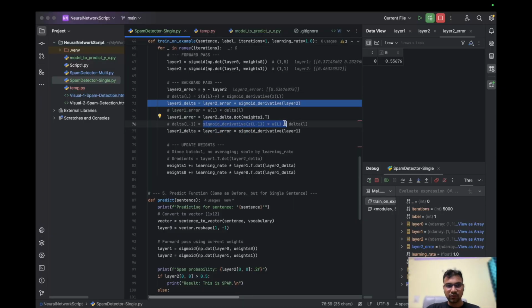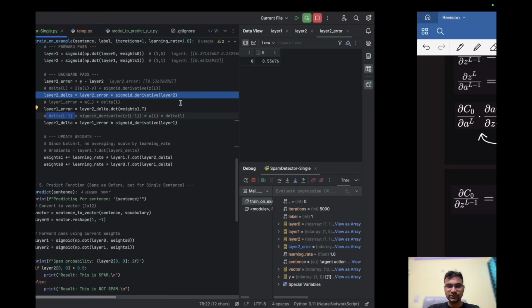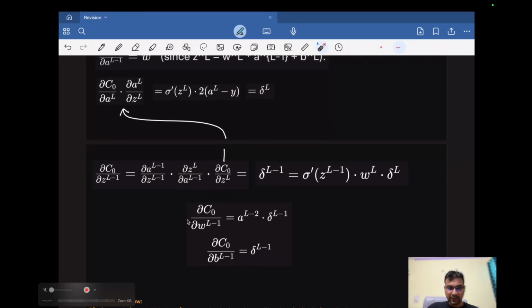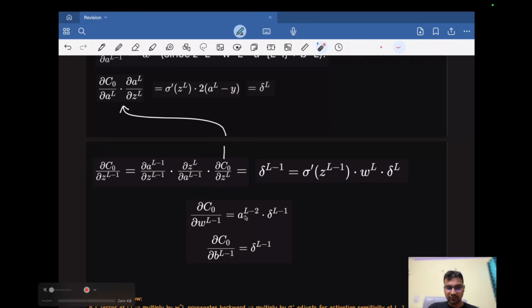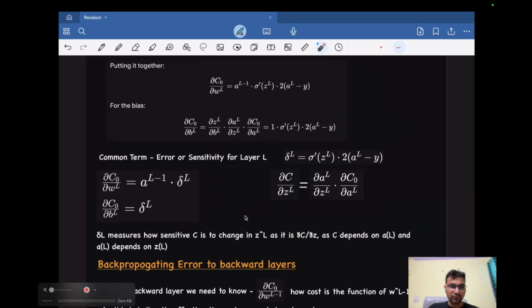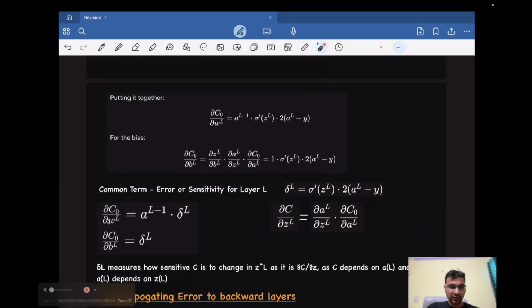Okay, so now we have got the delta L of this layer and delta L minus 1 of the previous layer. So we can multiply these values with the weights to get the gradient of each. To get the gradient with respect to a particular weight, we multiply with the activation value.